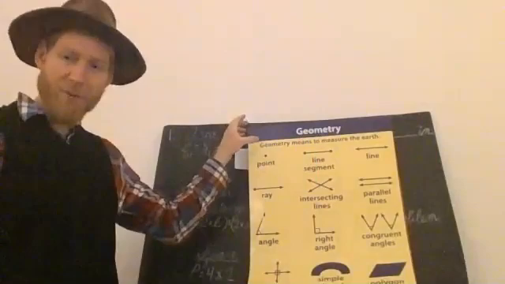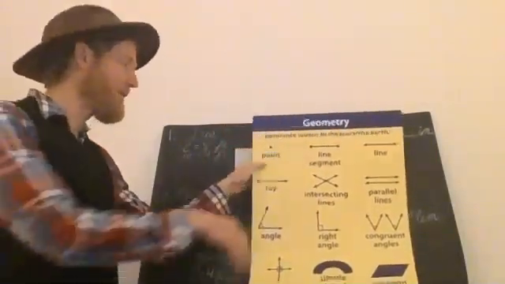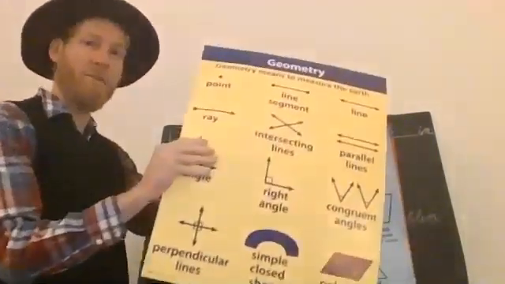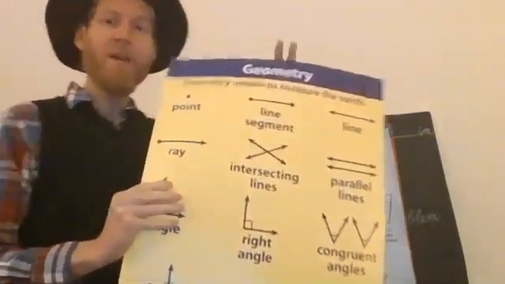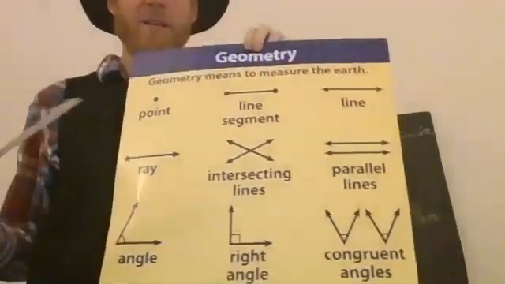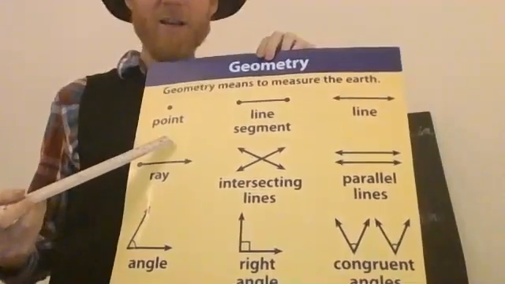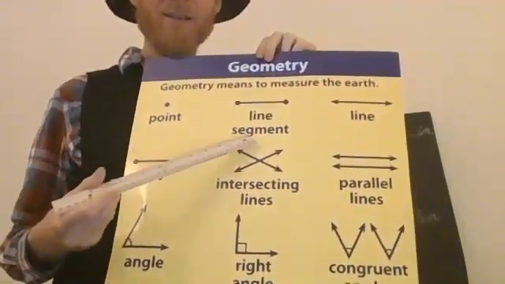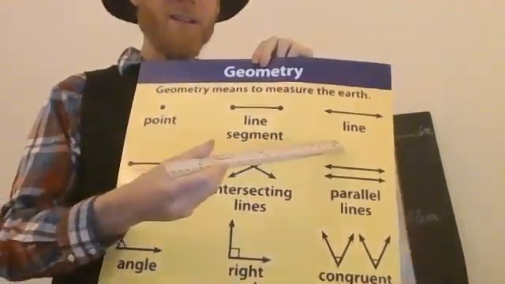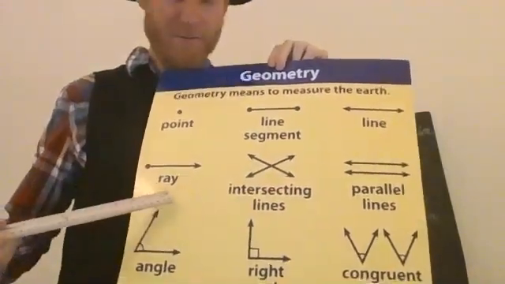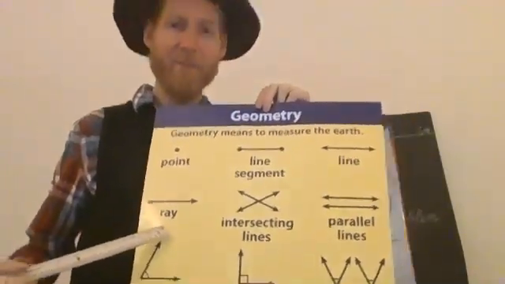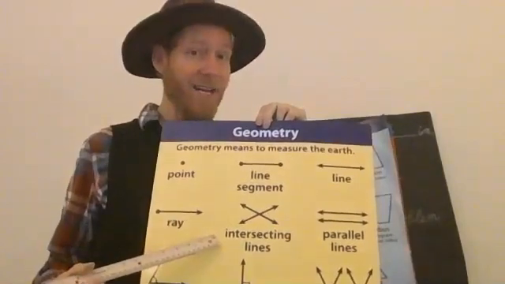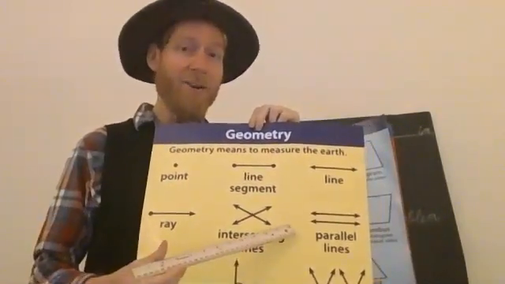Look here as we review our posters. Make sure that you know these. Ready? This is our point, line, segment, line. What's this? Ray, intersecting lines, and parallel lines.